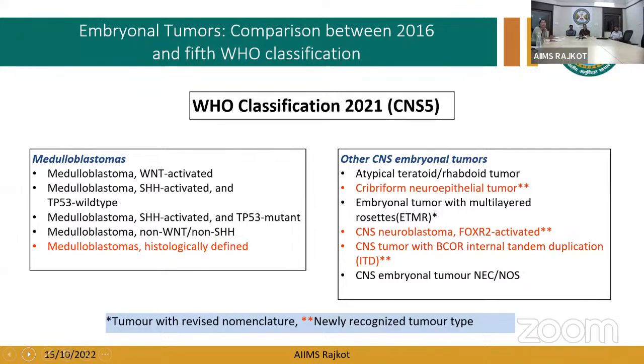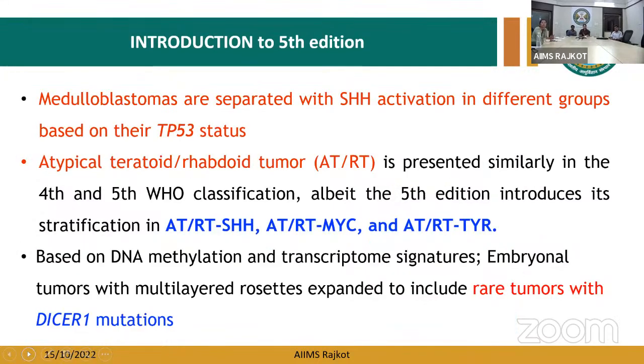Along with that, there is an entity which has a new name, embryonal tumor with multilayered rosettes. Previously it was ETMR C19MC altered, but right now it is named just ETMR. Now, medulloblastomas with SHH activation are separated into different groups, as I showed you, based on the TP53 status.